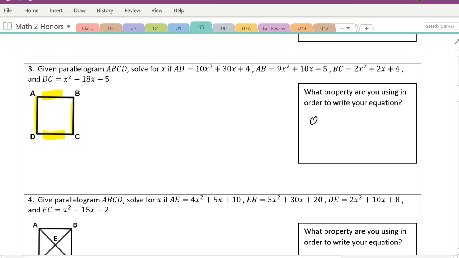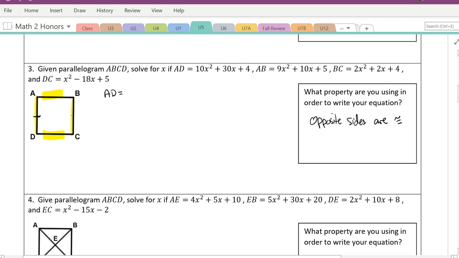I'm going to write opposite sides are congruent. And if opposite sides are congruent, that means their lengths are equal. So the length of AD is going to equal the length that's opposite of it.